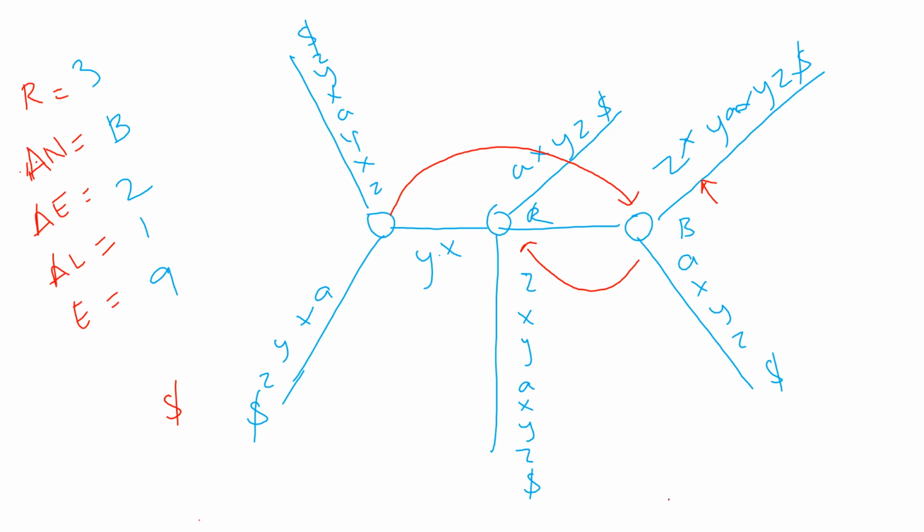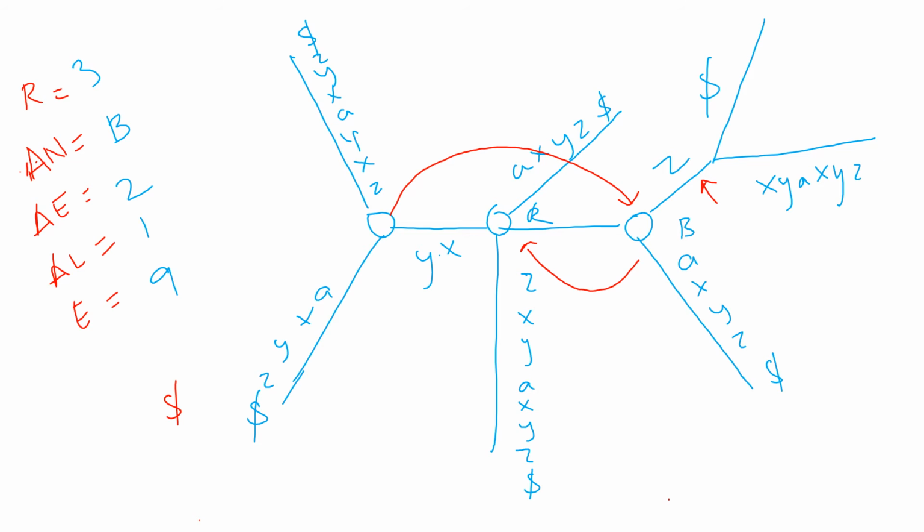Since there is no dollar symbol here, I'll have to create one. So I'll erase this and Z. I'll have to divide this into dollar and the remaining rest of the things, x, y, a, x, y, z, dollar. Since I got the new leaf, I have to update the remaining to 2. So now the remaining is 2.